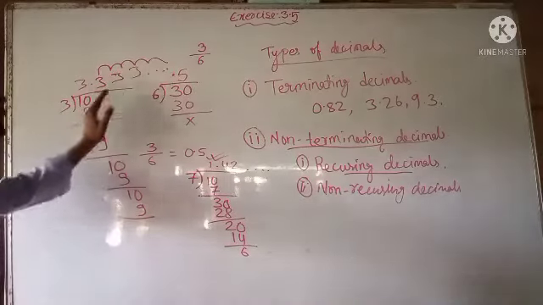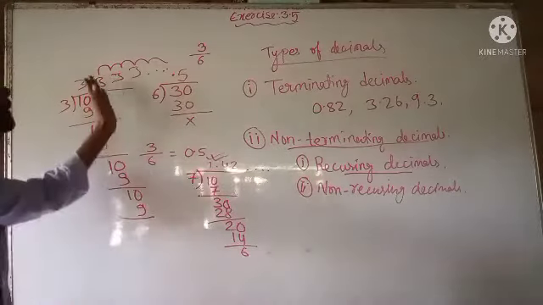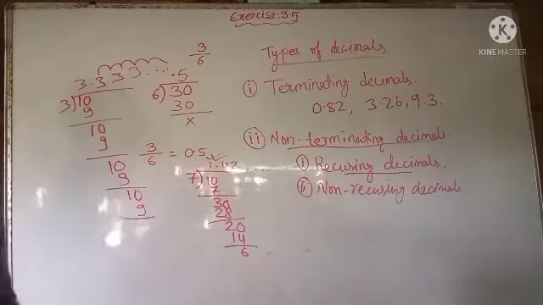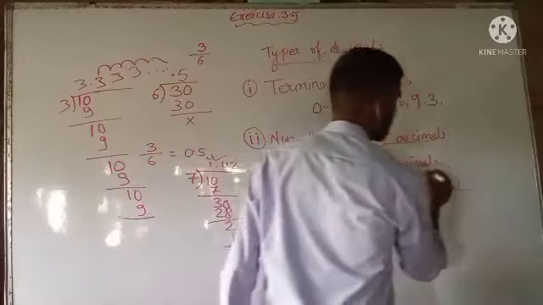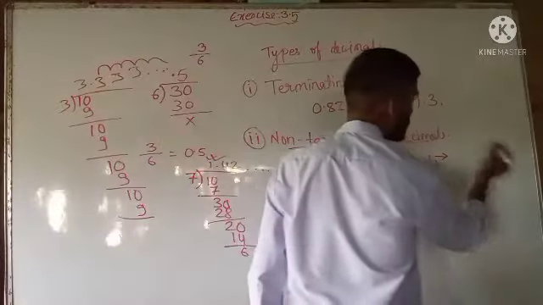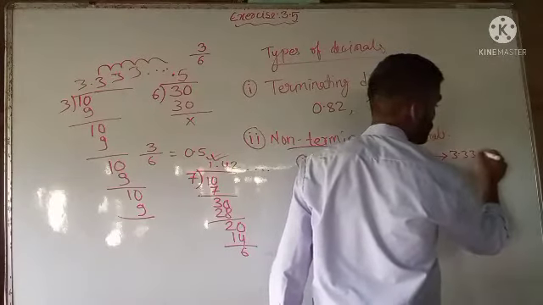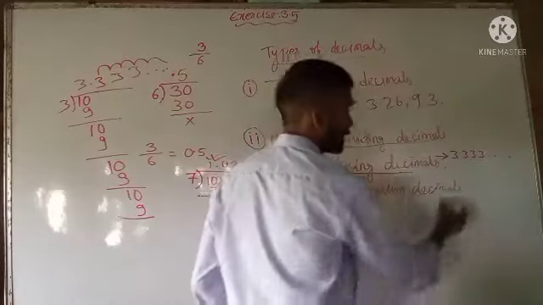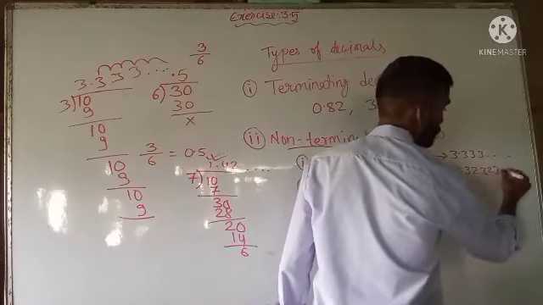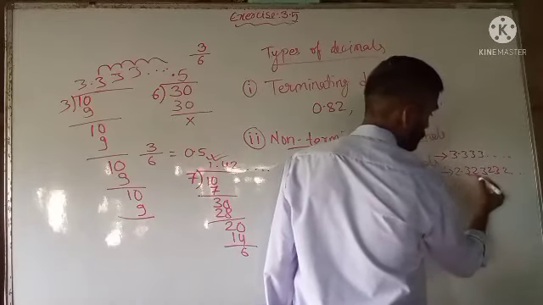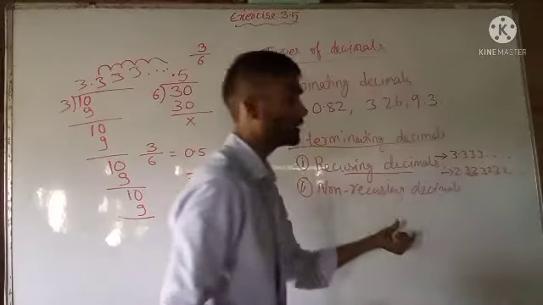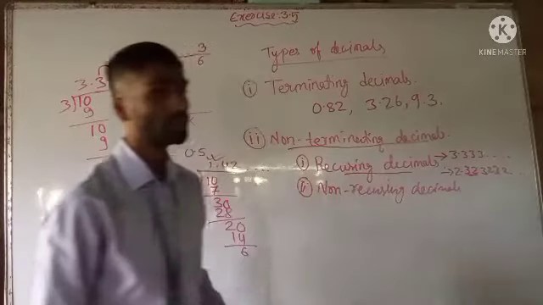Here we can see that 3 is repeated again and again. If we go on dividing, again this 3 will be repeated. Such decimals are known as recurring decimals, like 3.333, or 2.323232. This 32 is repeating again and again. So when a set of numbers starts repeating, we say it is a recurring decimal.